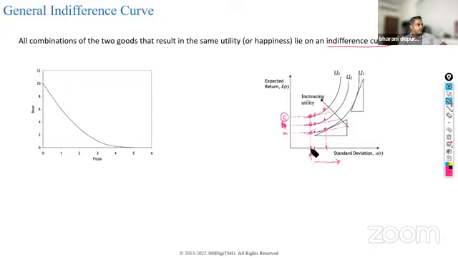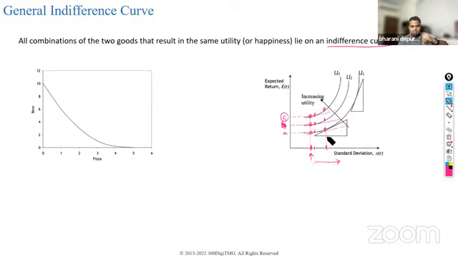One is, for a given risk, you obviously want to choose a utility or happiness which lies at the very peak. If you move along the northwesterly direction, you choose a curve which is there at the top. Then, if you are expected to take more risk, the expected return will increase steeply, exponentially.